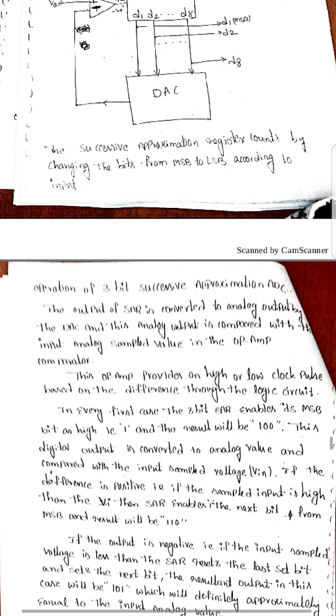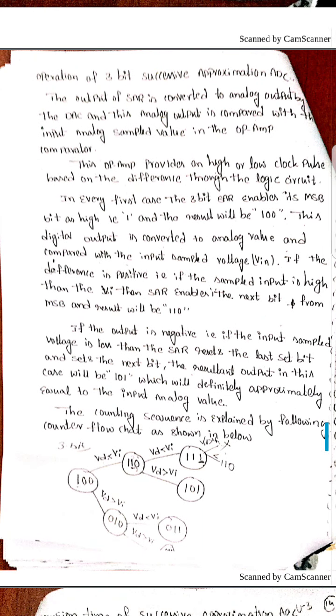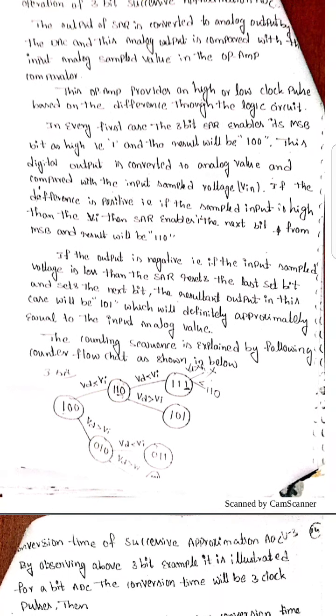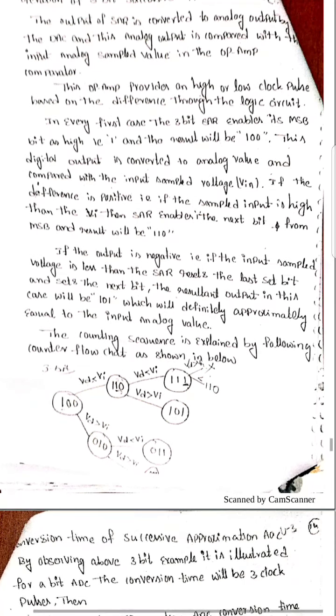In the very first case, the 3-bit SAR enables its MSB bit high, that is 1, and the result will be 100. This digital output is converted to an analog value and compared with the input sampled voltage Vin. If the difference is positive, that is, if the sampled input is higher than VD, then the SAR enables the next bit from the MSB and the result will be 110.